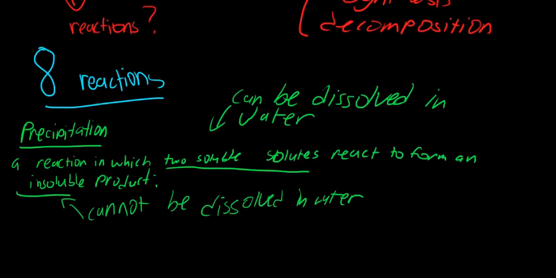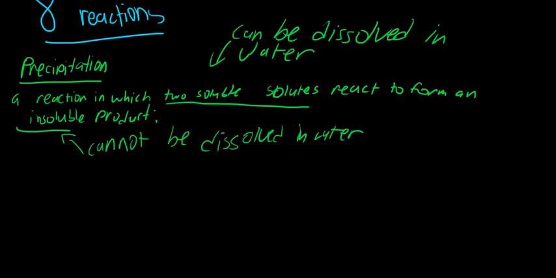Now let's look at this in a more practical sense. When we look at a precipitation reaction, we see two soluble solutes. So let's think of our own reaction. Let's take an example.